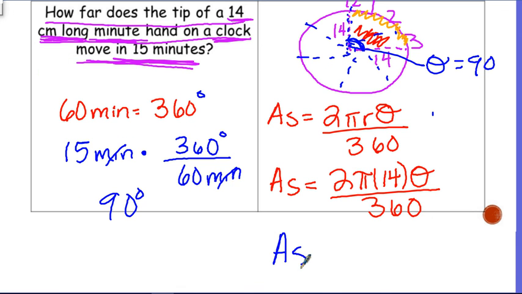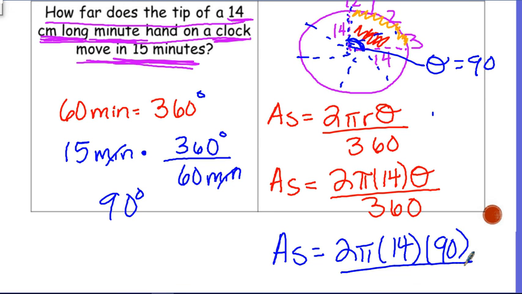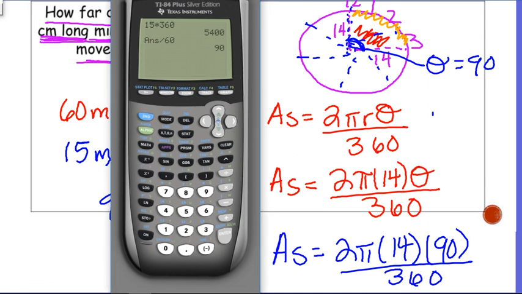So the arc length of my sector would be 2 pi, 14 is my radius, 90 divided by 360. So I'm almost there.